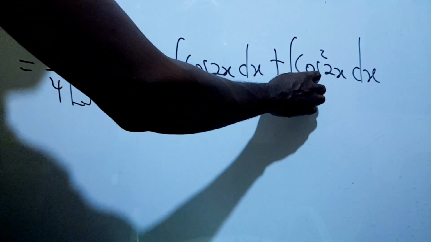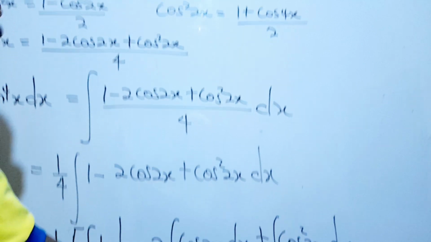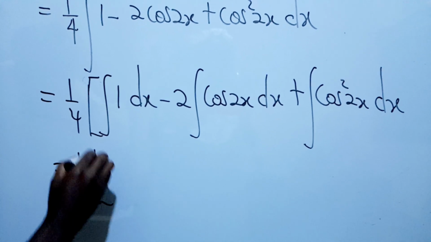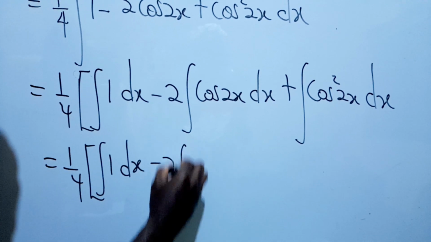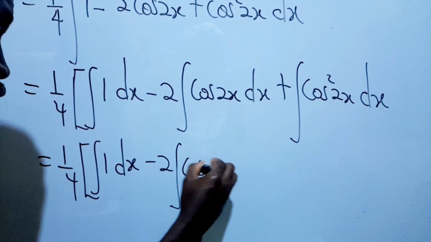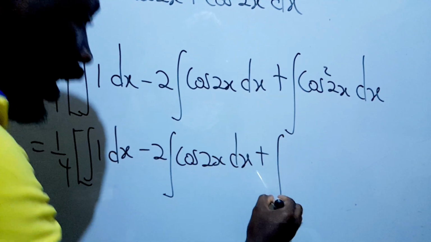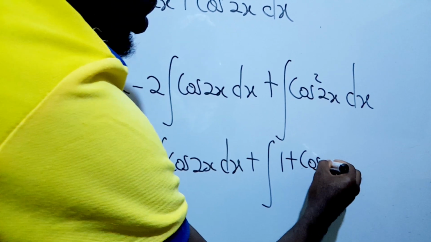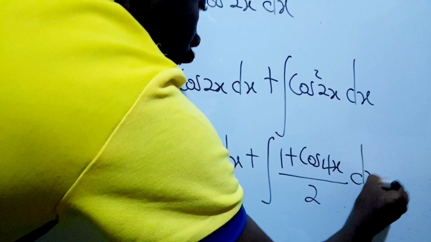But remember, our cos square 2x is this identity here. So in place of cos square 2x, I'll substitute this. So I'll have this equal to 1 over 4, the integral of 1 dx, minus 2, the integral of cos 2x dx, then plus the integral of 1 plus cos 4x all over 2 dx.